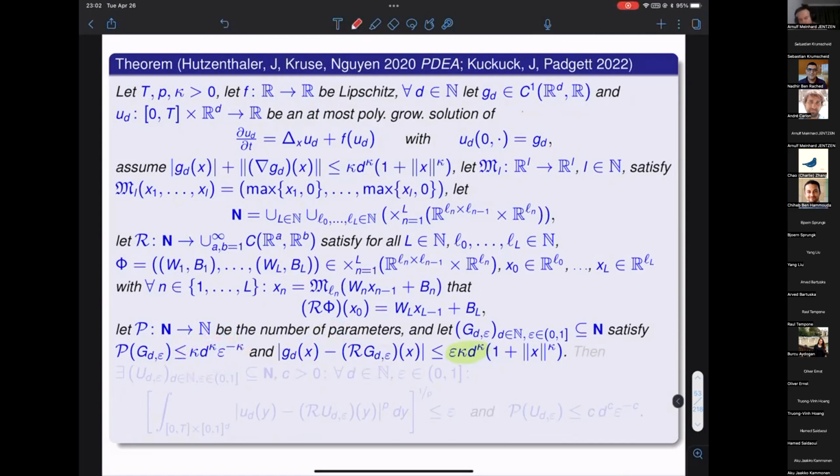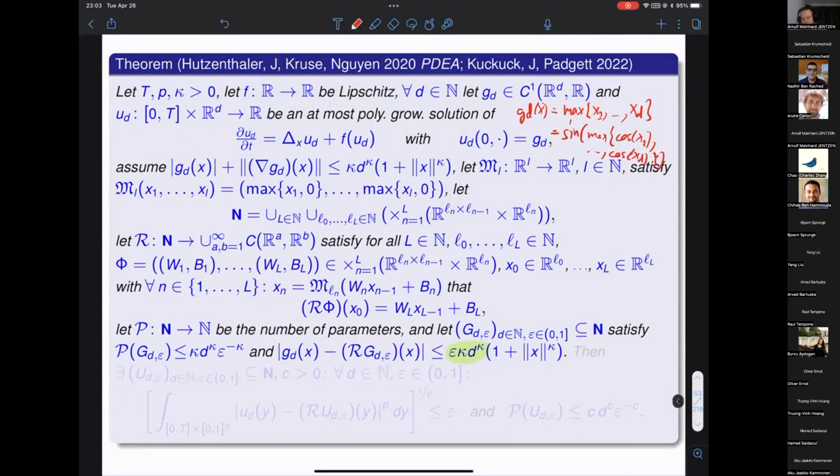For example, you can think of g_d of x equal to the maximum of all components, which satisfies this assumption. Or if you take any smooth function, say sine of the maximum of cosine of x1, dot dot dot, cosine of x_d, for all such concrete examples one can verify that this assumption is indeed satisfied.